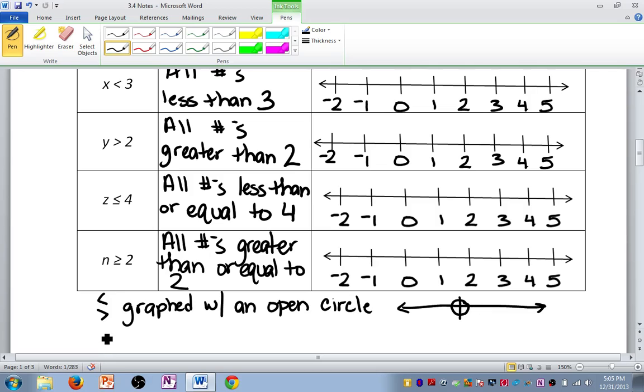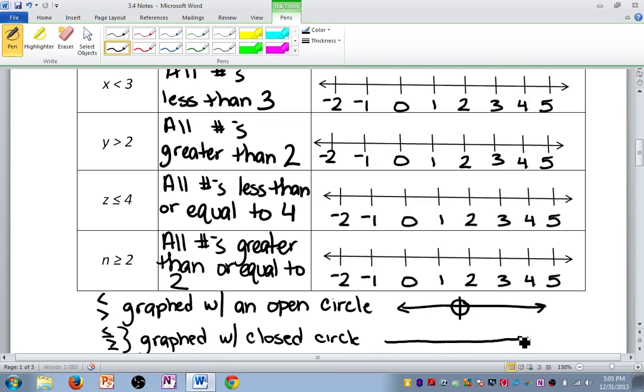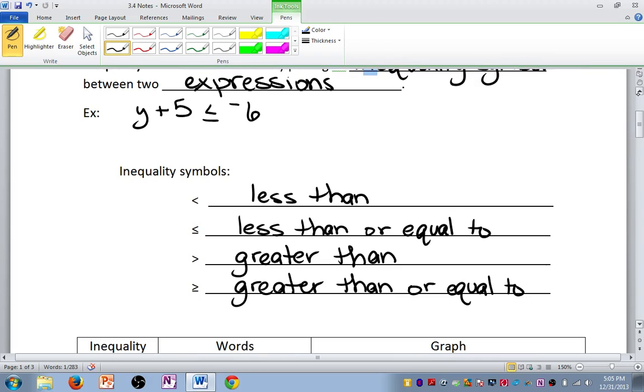If it is the less than or equal to or greater than or equal to, those are graphed with a closed circle. So if I have my number line and I have the mark, it's going to be filled in, a closed circle. Now let's go back to our charts here and graph what we just covered.